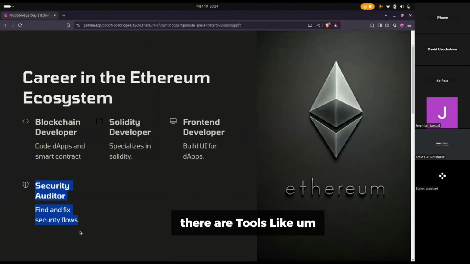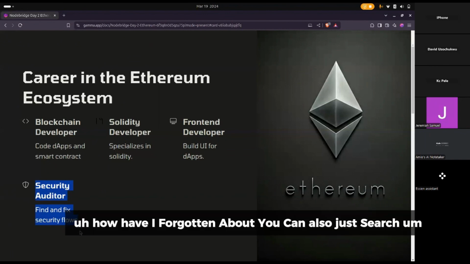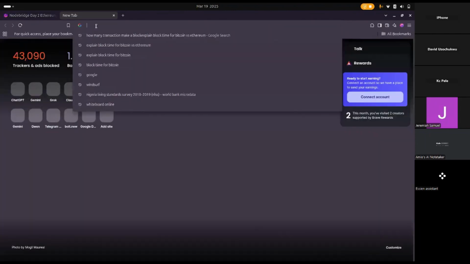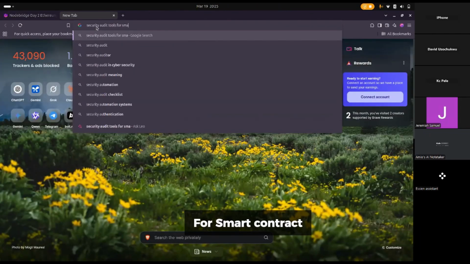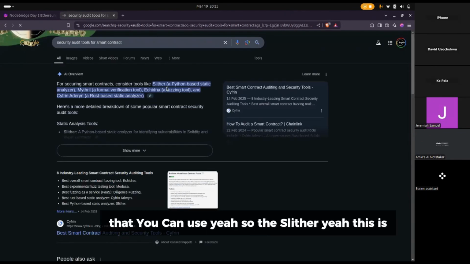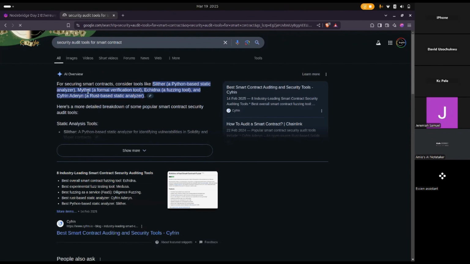You can also just search for security audit tools for smart contracts. There are so many tools you can use, like Slither.